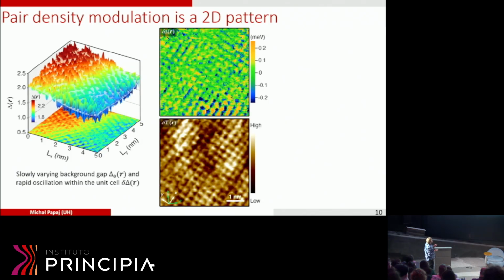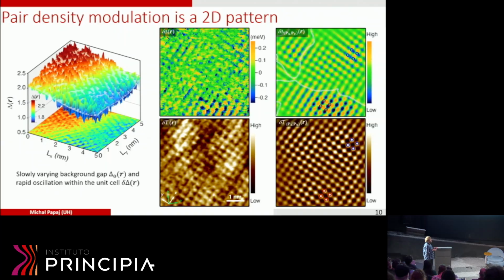You can extract this rapid oscillation and see that, indeed, you get a two-dimensional pattern. And you can correlate this with the topography image in the same area, after you do some Fourier transform cleanup of the data to make things more visible.